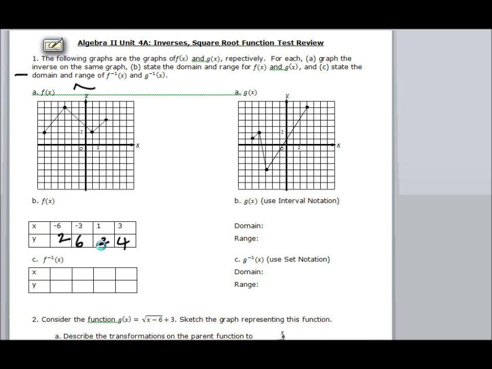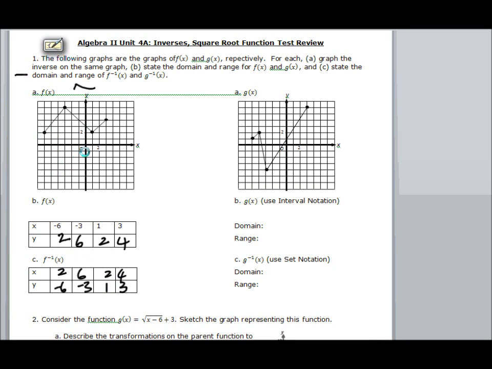So all these y values, 2, 6, 2, 4, come here as x values, and all x values now become the y values. So we have -6, -3, 1, and 3. All right. So we try to plot this on the graph.